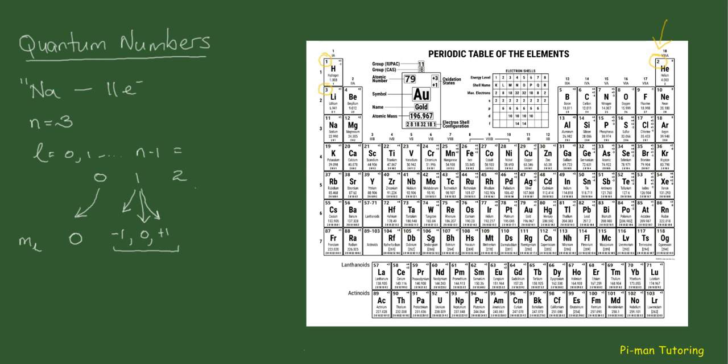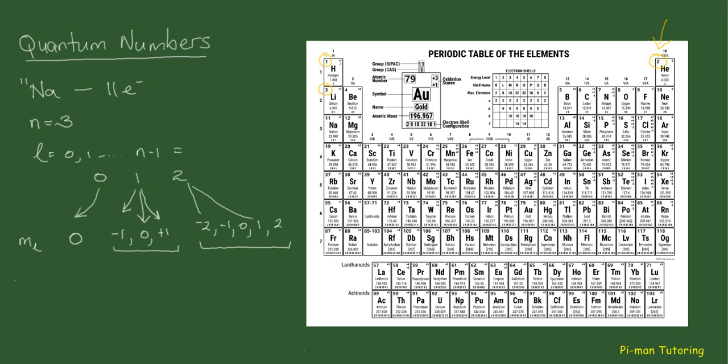And similarly, when L is equal to 2, we can range in ML values from minus 2 all the way up to plus 2. And so our L value of 2 spawns a total of 5 separate orbitals for the electrons to occupy.